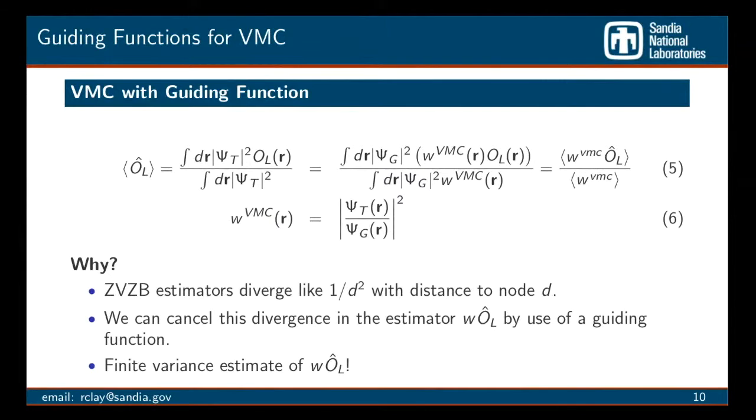And the key here is that while the local energy and the zero-variance, zero-bias forces diverge as you approach a nodal surface, that 1 over d squared divergence is canceled out by this term over here, which goes to 0 as you approach a node like d squared. So that's super nice.